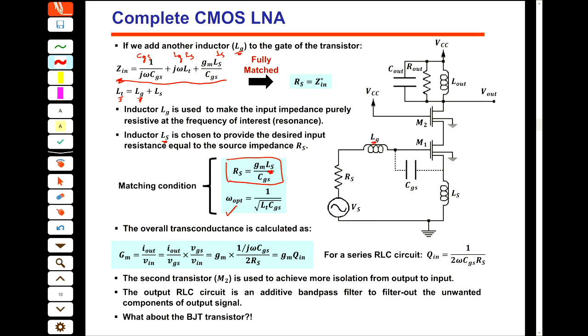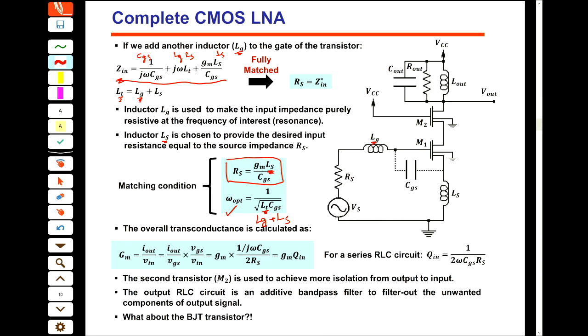I mean, my circuit is resonating at this frequency with the help of this LS to find equal to RS, and to this LT, and this LT equals LG plus LS. So LS I know, and then we need to find the LT. And then we say that, okay, this circuit is matched at this omega optimum or omega naught, or omega resonance.